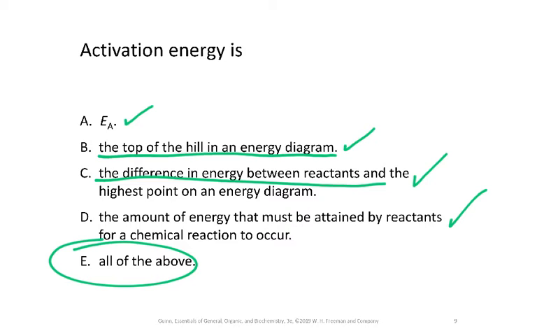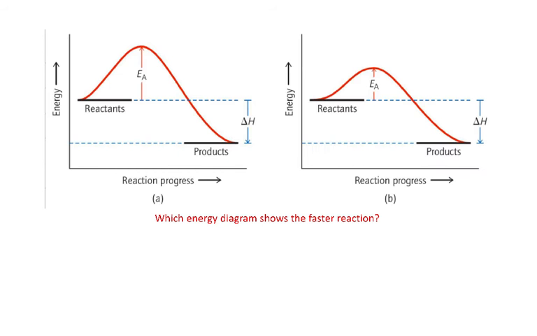All right, so how does it relate to rate? I'm going to ask you a question. Which energy diagram shows the faster reaction? Use your intuition on what you have learned so far. Notice delta H is identical between these two reactions. Reactants and products are at the same energy.